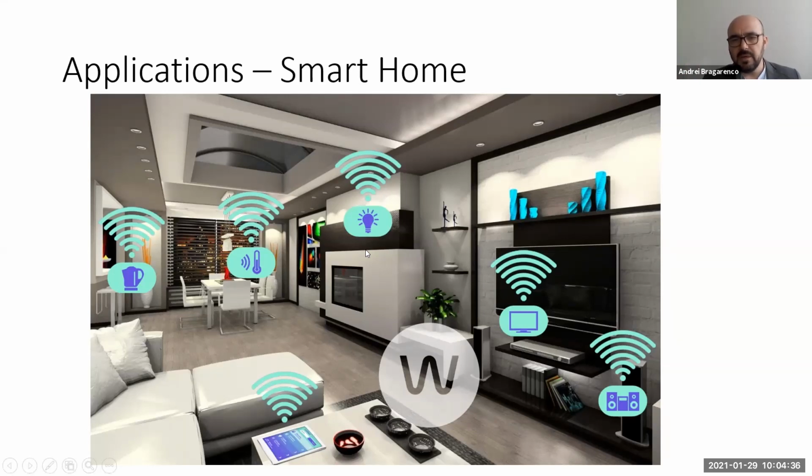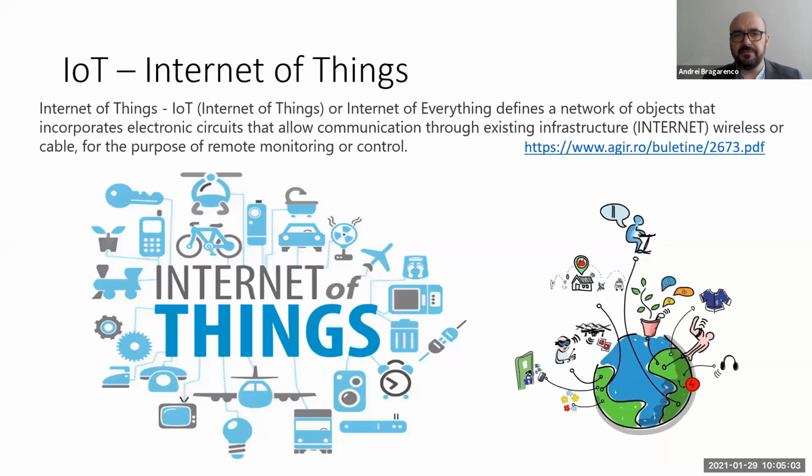With the most advanced ones, you can connect to the internet or your tablet and manage it remotely. So it's a step or a part of the nowadays hype regarding the Internet of Things.